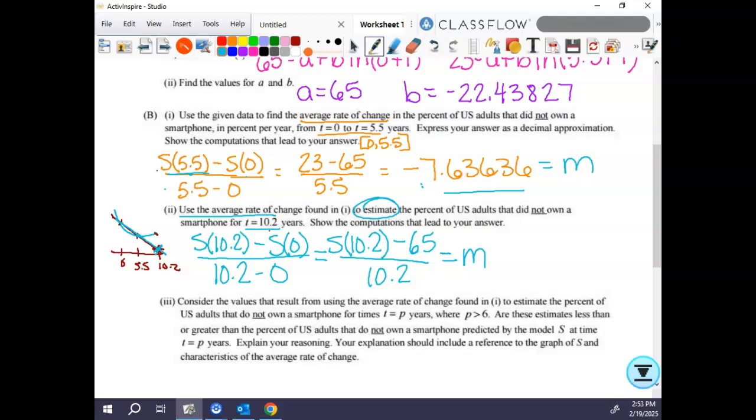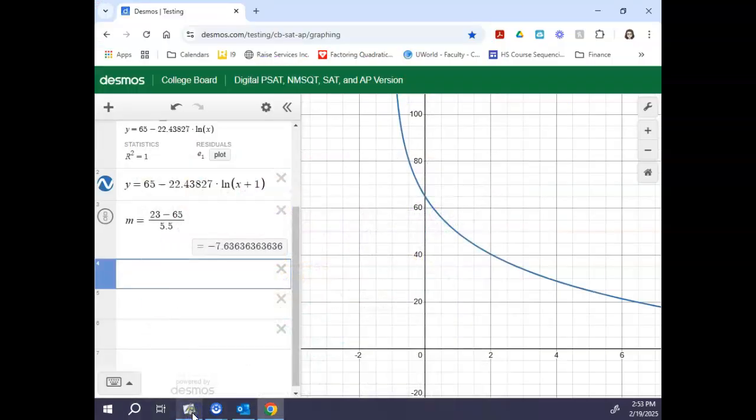When I do that, I could write all this stuff out, but you don't need to. If I'm trying to get S of 10.2, I'm going to take M, multiply it by 10.2, and add 65. So I'm literally going to use M over here. And I'm going to say M times 10.2. And then I'm going to add 65. Right? So I get that number right there.